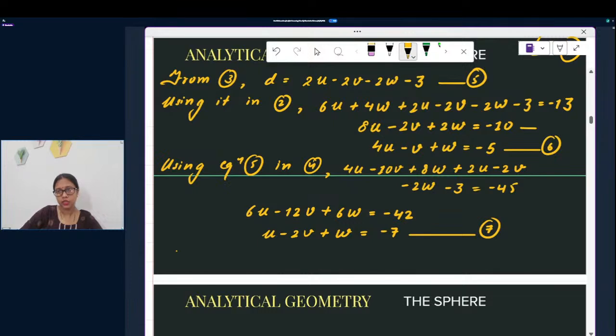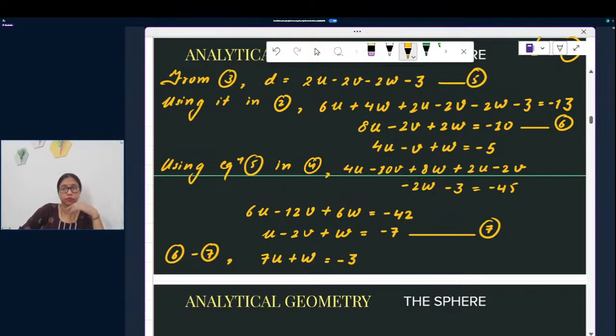Let us take this as 6th and subtract 6 minus 7. 3u is cancelled, plus w is equal to 7 minus 10, minus 3. So it implies w is minus 3 minus 7u. That is the first value that we got in terms of u. W we get in terms of u.